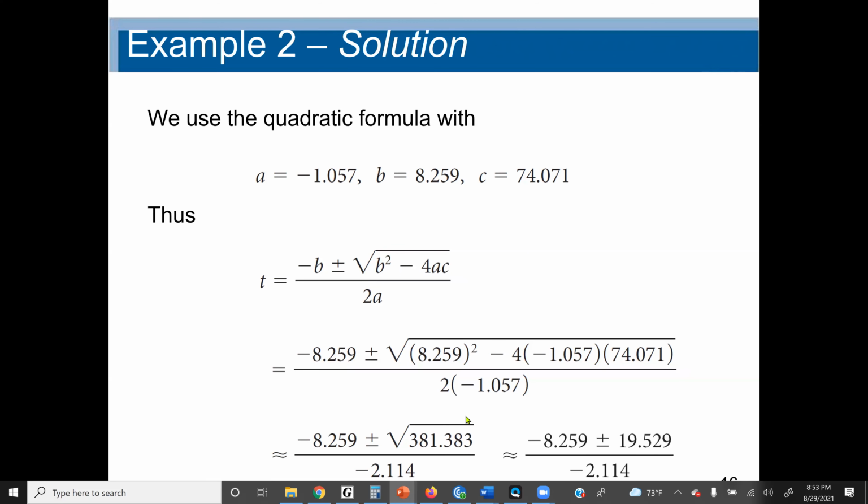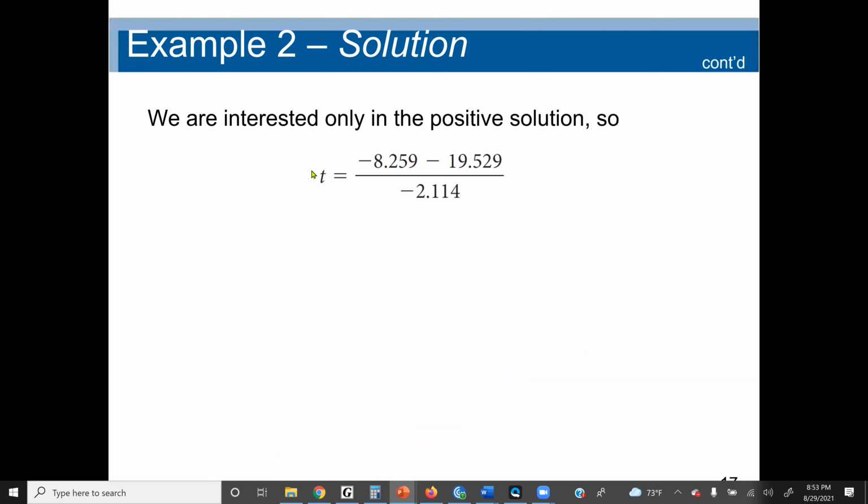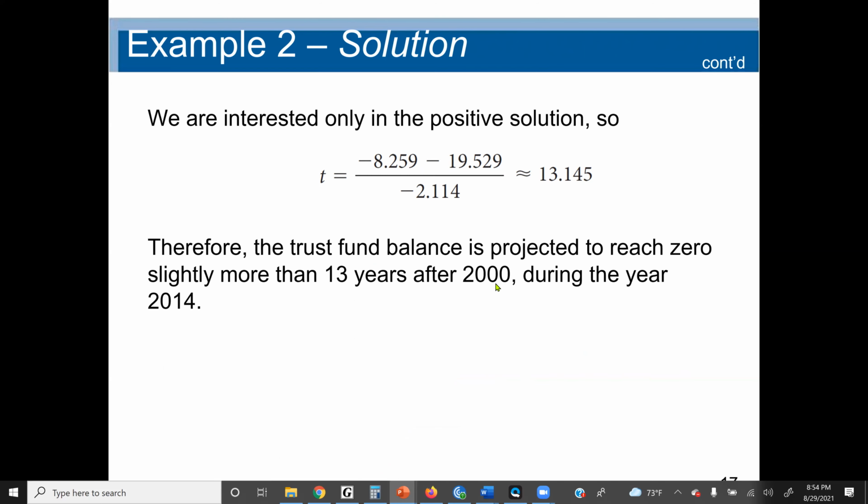But this is an application problem based on time, so the second value is negative and we ignore it. The answer is 13 years. Therefore, the trust fund balance is projected to reach 0 slightly more than 13 years after 2000, during the year 2014.